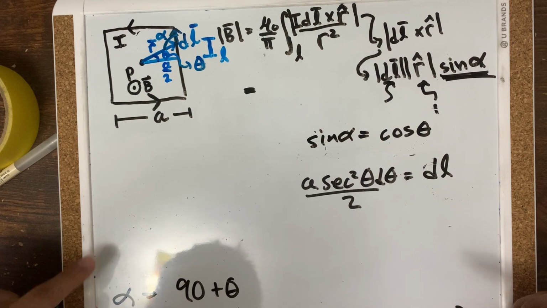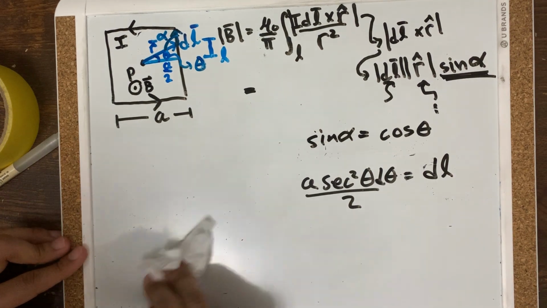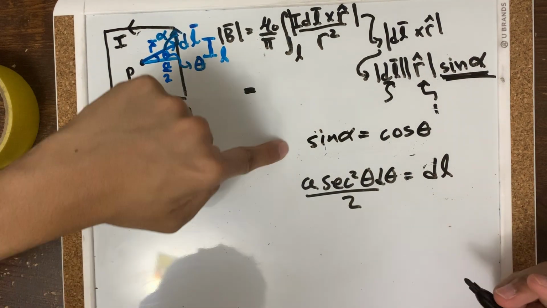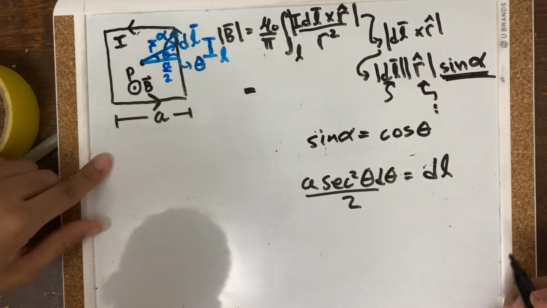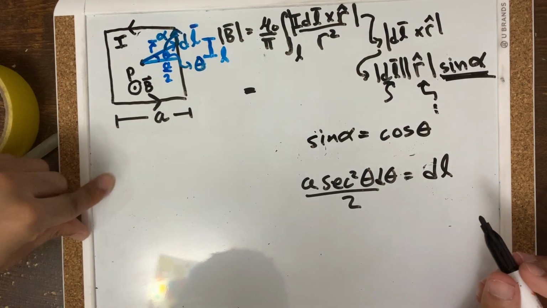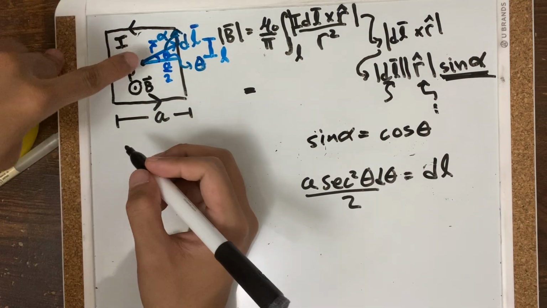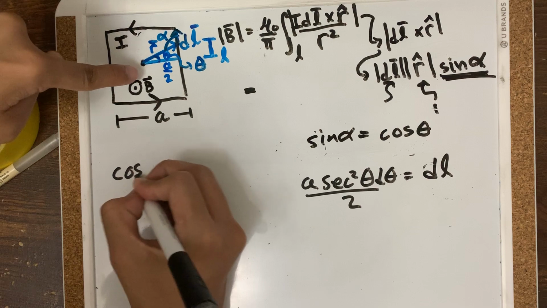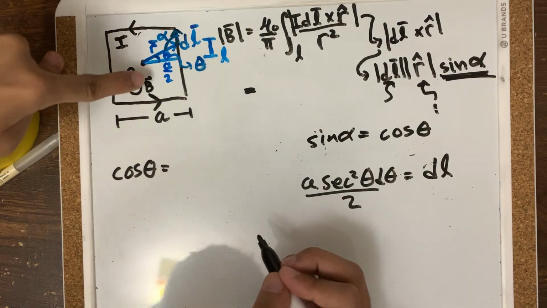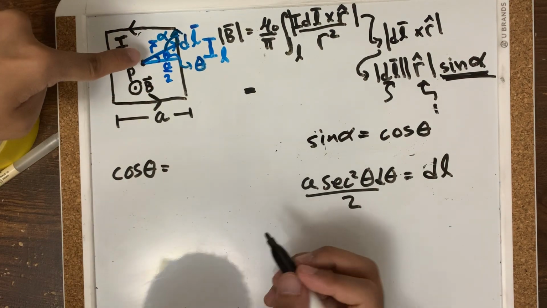So in a similar way we solved for dl and cosine theta, sine alpha, we can do some more trigonometry. So this time I would like to take the cosine of theta, which is equal to the adjacent over the hypotenuse.